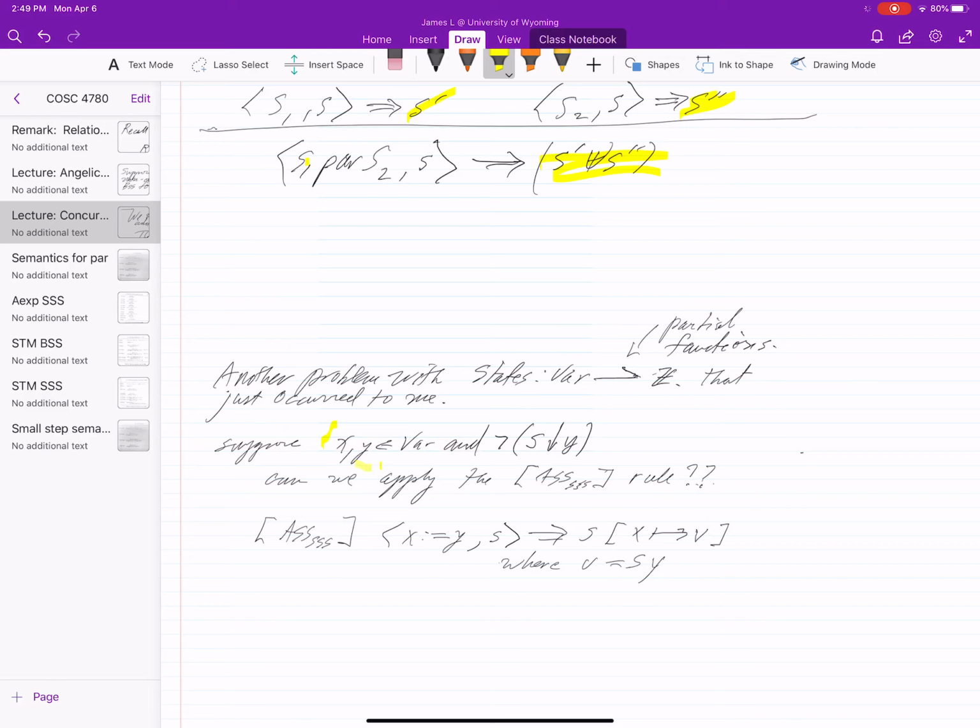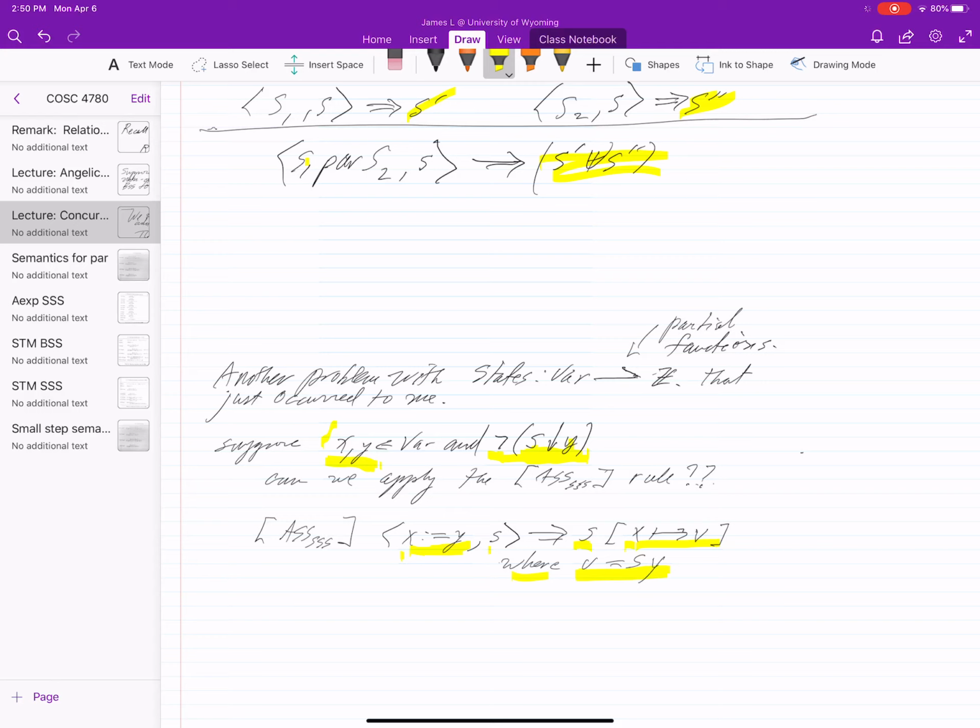Suppose you had two variables, X and Y, and Y is not defined in the current state S. So what happens if we try to look at the statement X gets the value of Y in S? Well, that should go to the state S, where X goes to V, where V is what you get by evaluating Y. But Y is not assigned.